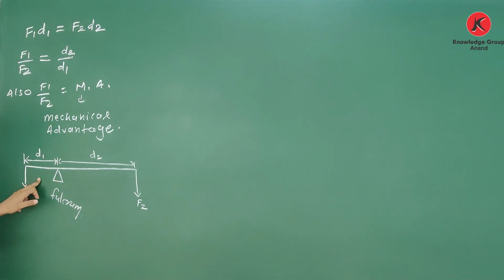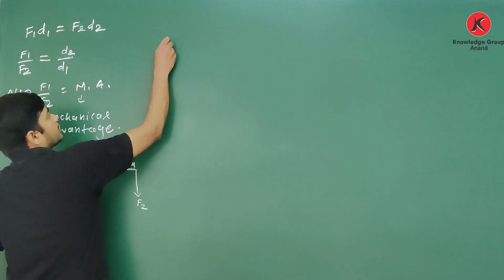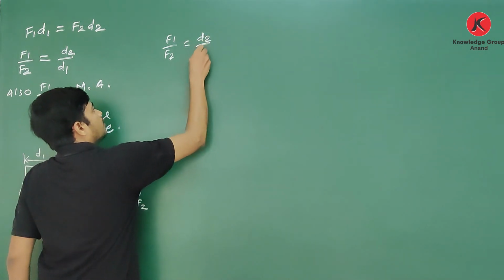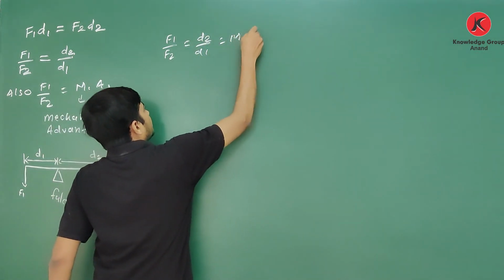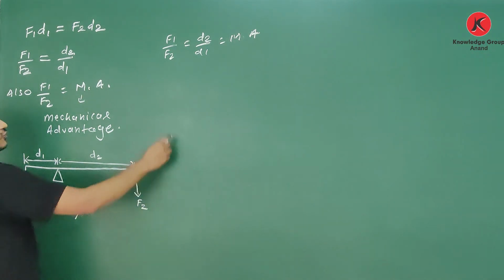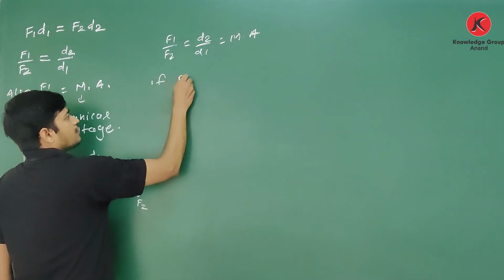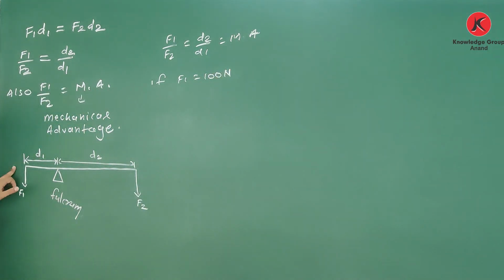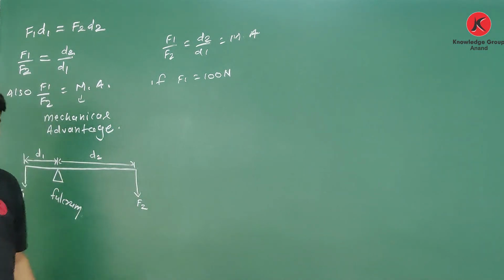See here, F1 upon F2 is equal to D2 upon D1, which is equal to mechanical advantage. I am taking some values. If F1 is equal to 100 Newton, it means I want to lift 100 Newton weight.